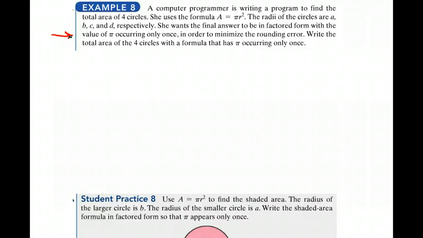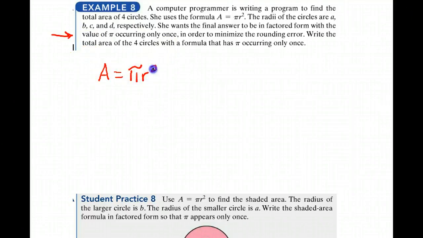If we set this problem up the way that the programmer wants us to, and we only have to use pi 1 time during our end result, then that means that we would only have to round 1 time and only have error incorporated into our problem 1 time. So let's think about what's going to happen here.